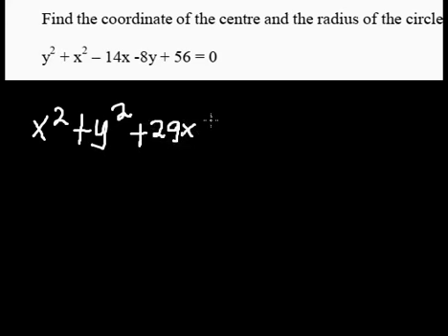The process is comparing with the standard equation of a circle, which of course is x squared plus y squared, then plus 2gx, plus 2fy, then plus c, equal to 0.